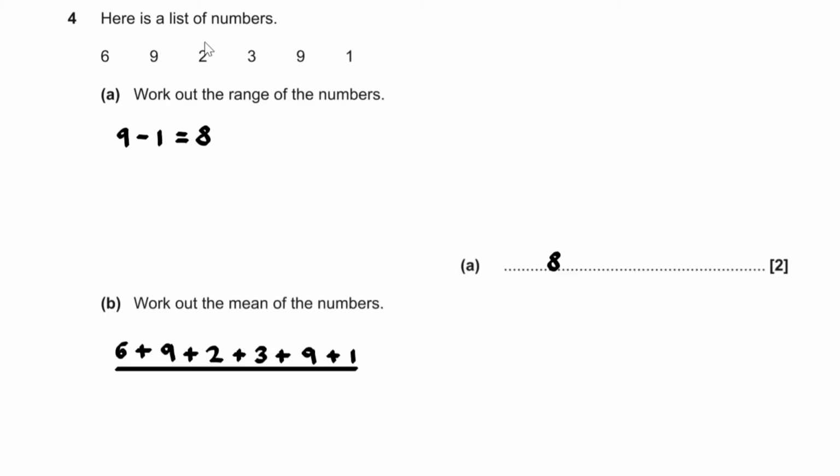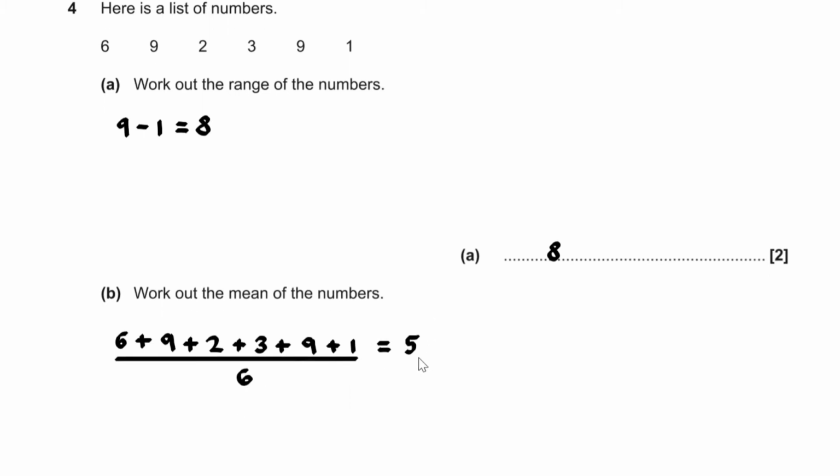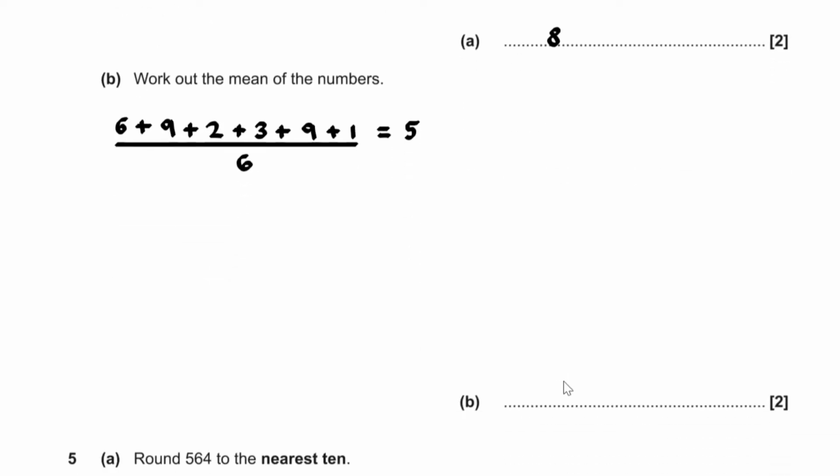There are 1, 2, 3, 4, 5, 6 numbers in total. So if we work out what this is equal to, 15, 17, 20, 30 divided by 6 is 5. So the mean is equal to 5.